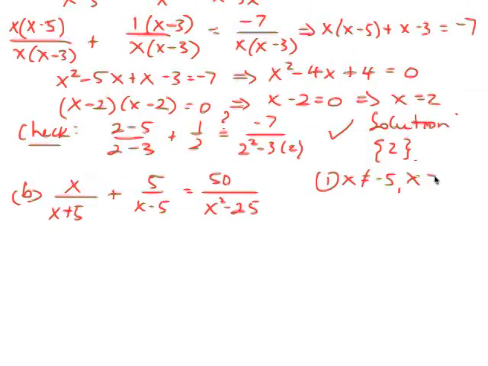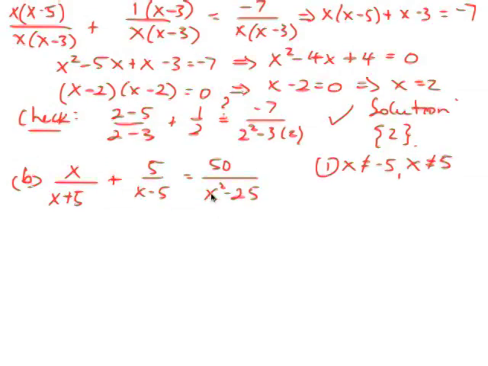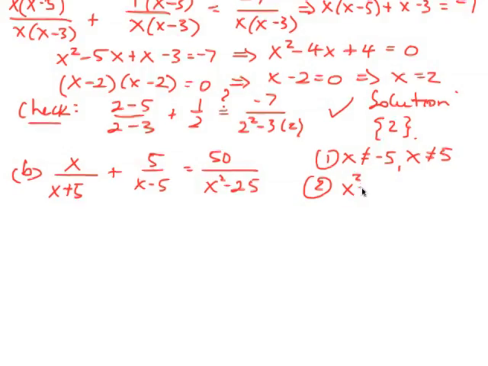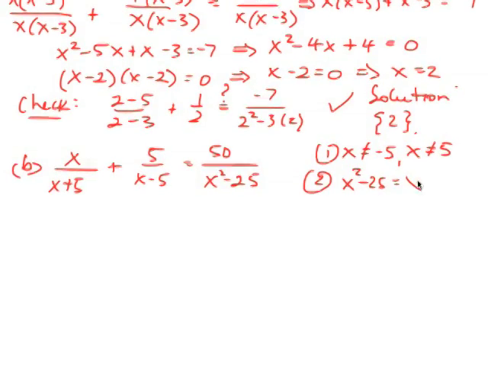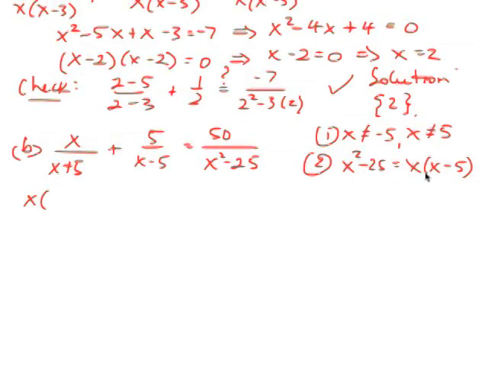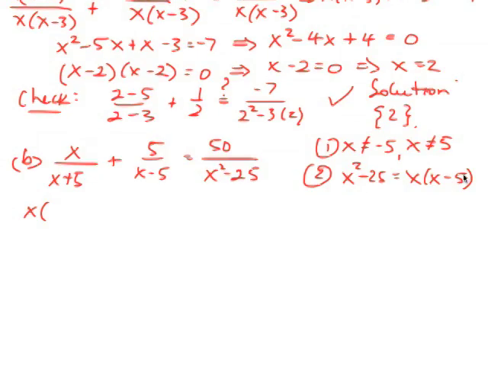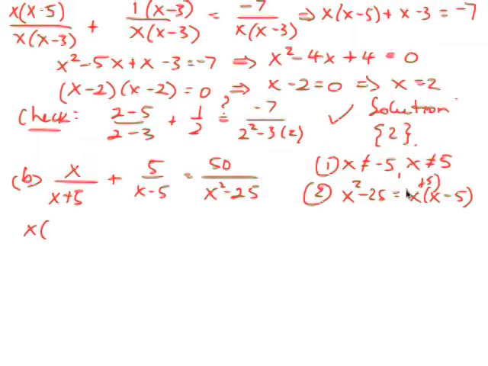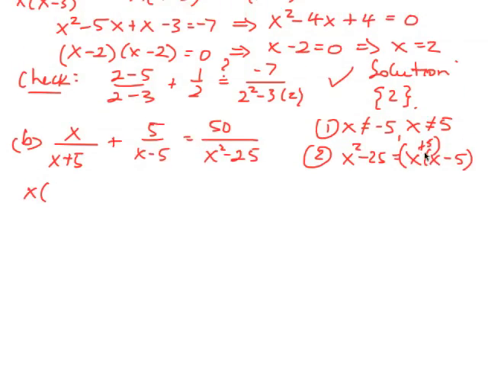We can't have x equal to 5, or this would be 0 here. And second, we also notice that x² - 25 is equal to, sorry, it's going to be (x + 5)(x - 5).